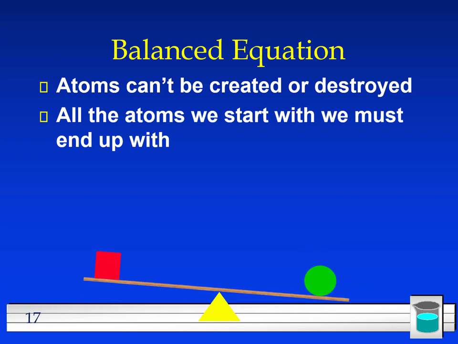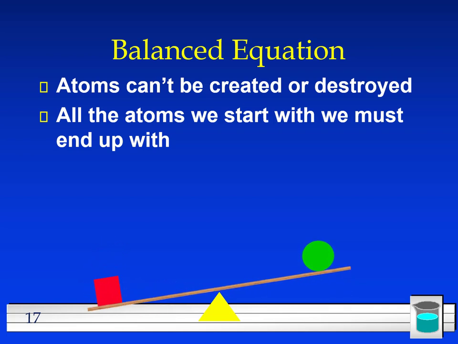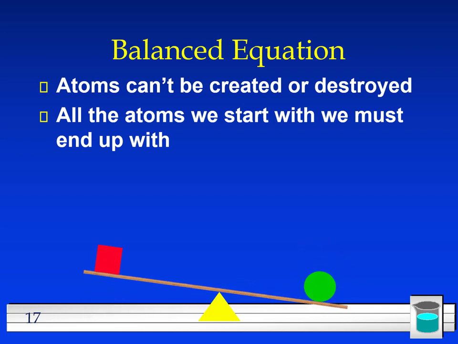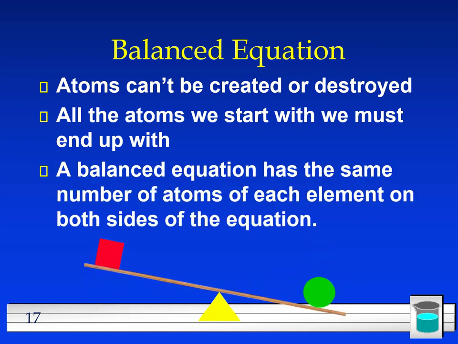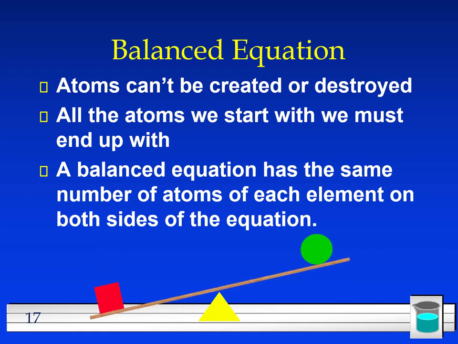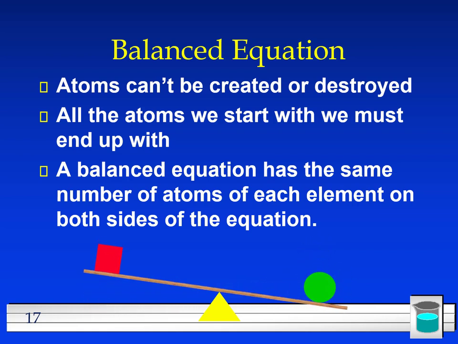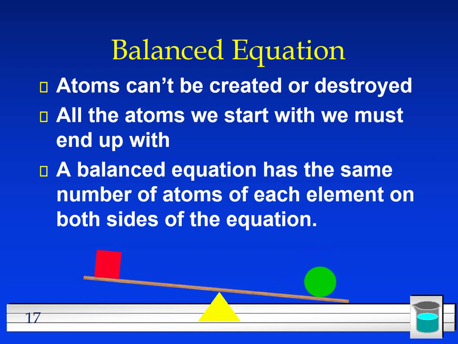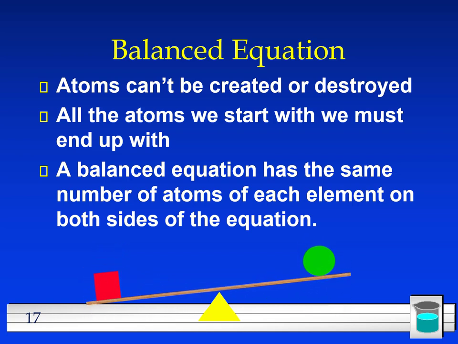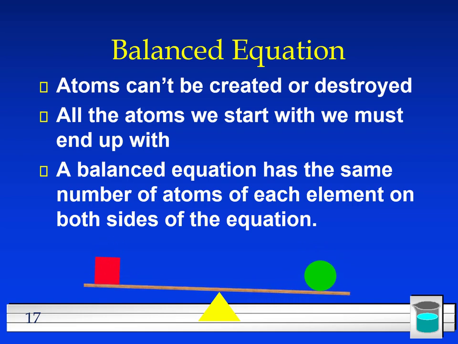So we said balance means it has to have the same on each side, and what it has to have is the same of each kind of atom. Not every kind of atom, each kind of atom. Each means the hydrogen has to equal the hydrogen, and the oxygen has to equal the oxygen, but the hydrogen does not have to equal the oxygen.